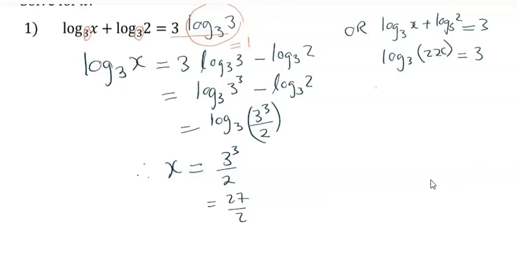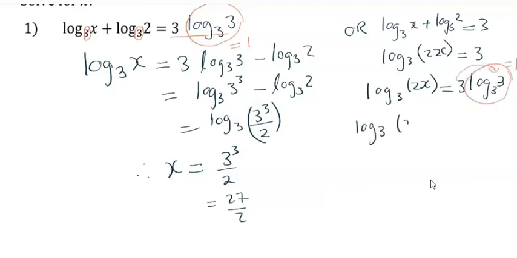So to use this specific way to solve the logarithmic equation, I must also introduce log to the base of 3 of 3, which is just 1. So on the left hand side I have log to the base of 3 of 2x. On the right hand side I have log to the base of 3 of 3 cubed. So 2x is equal to 3 cubed. So x is equal to 3 cubed divided by 2.